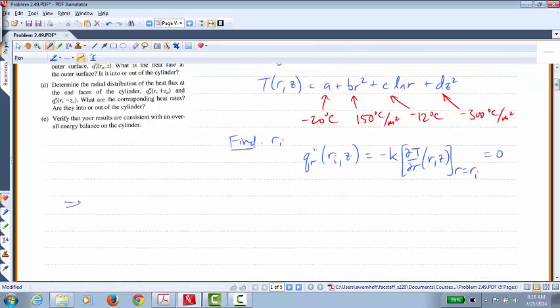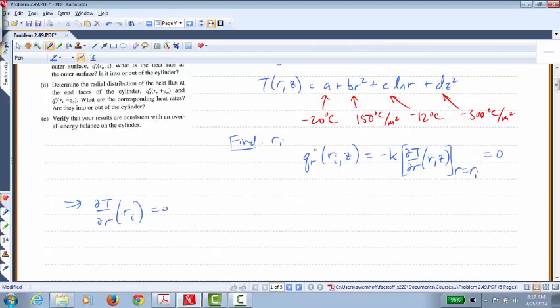So this tells us then that since you can divide through both sides of this equation by K, the K just goes away because K is non-zero. And also the negative sign as well, dividing through by negative 1. You get dT/dR at R sub I is essentially equal to 0.